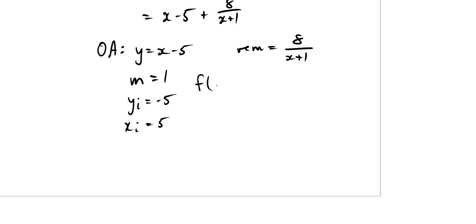x's. So we'll start with negative 1,000. And when I put this into the remainder part, it's 8 over negative 1,000 plus 1, so that whole thing is going to be negative.